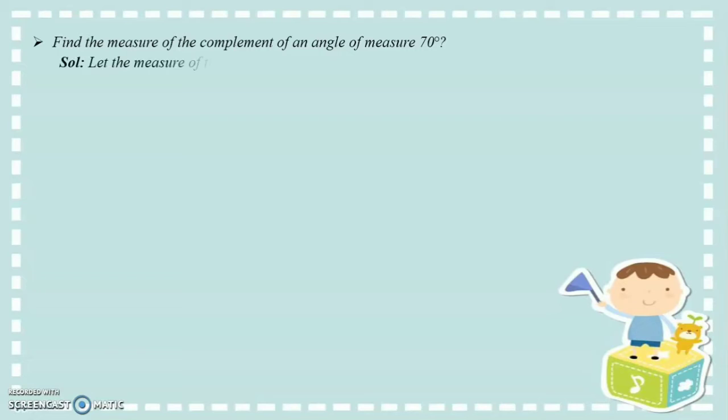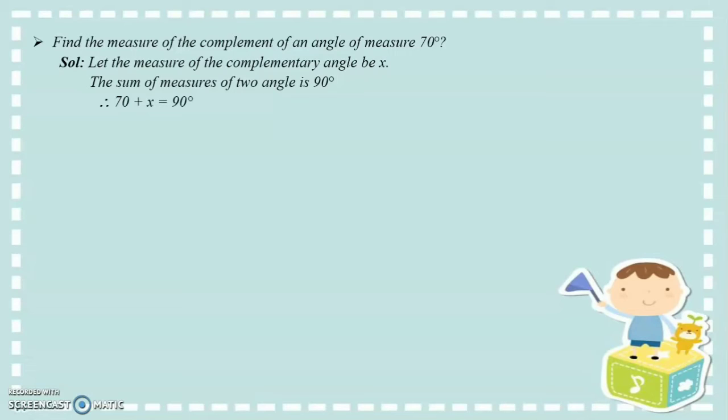So, let the measure of the other angle, or the complement angle, be x. We know the sum of measures of two angles is 90 degrees. Therefore, 70 plus x is equal to 90 degrees.